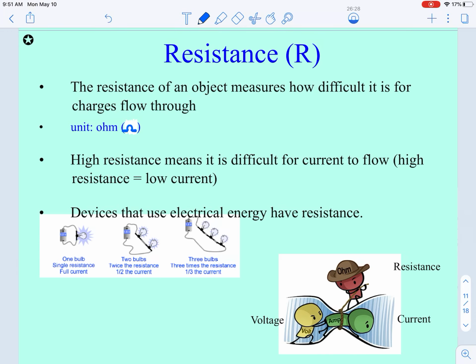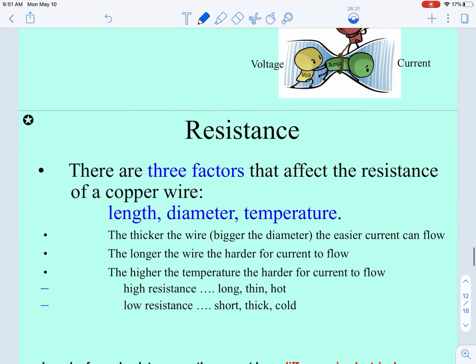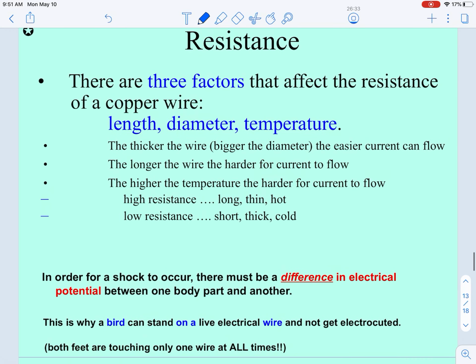And you do need to know that the more devices we have in our electric circuit, the more resistance to that electrical flow. There are three factors that affect the resistance. It is the length of the wire, the diameter of the wire, and the temperature.